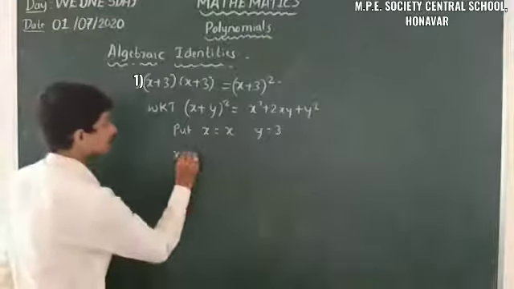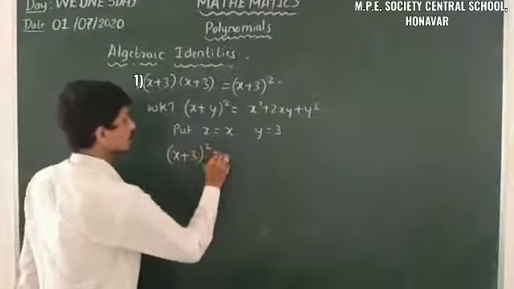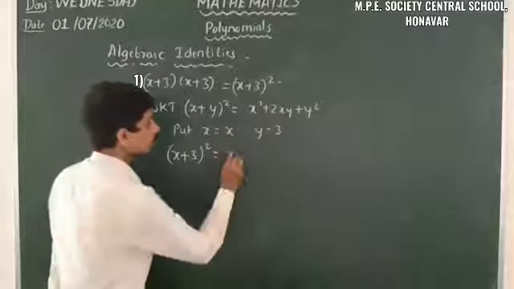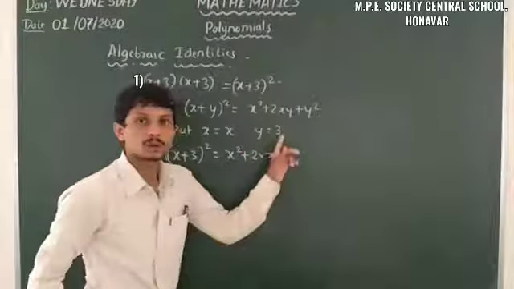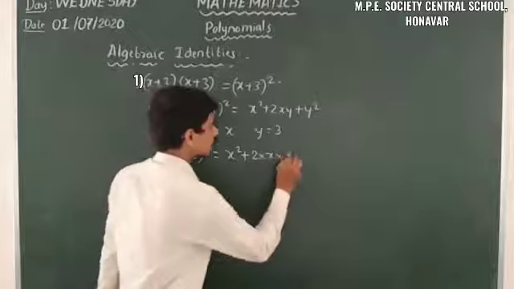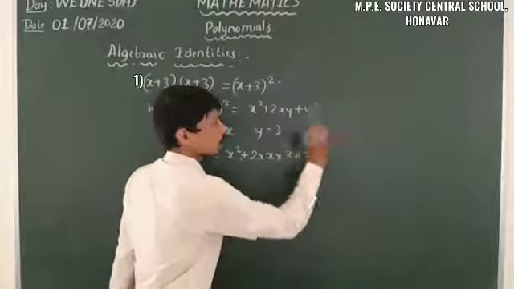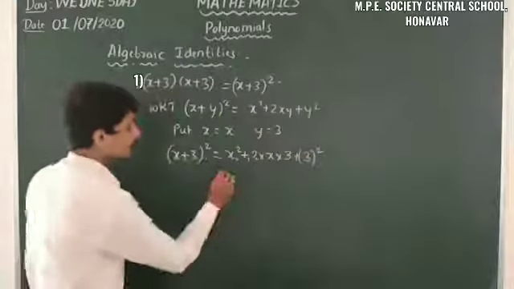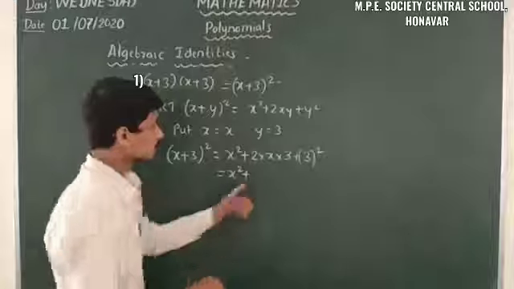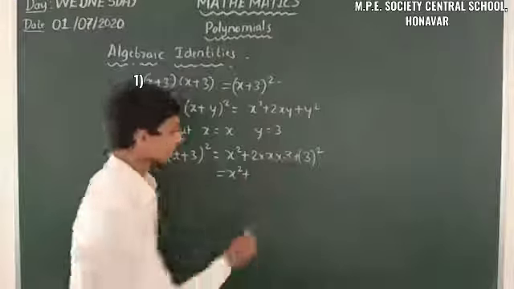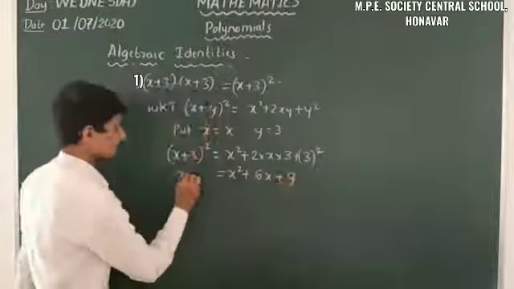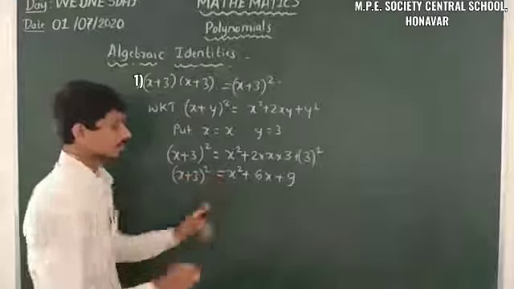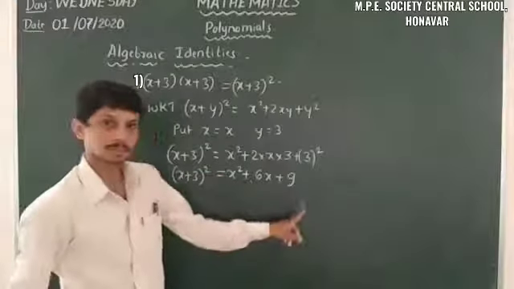So (x plus 3) whole square is equal to x square plus 2 into x into 3, substituting 3 for y, plus 3 square. So again x square plus 2 into 3 is 6, 6 into x, 6x, plus 9. So (x plus 3) whole square is equal to x square plus 6x plus 9.